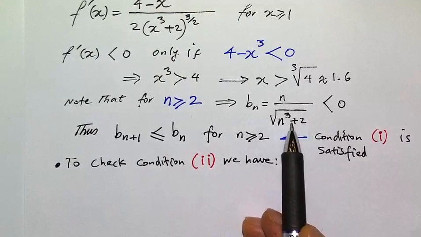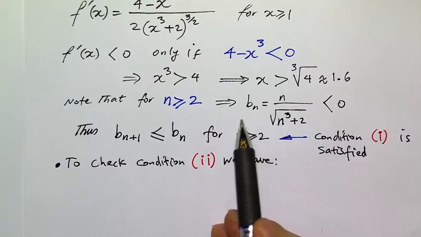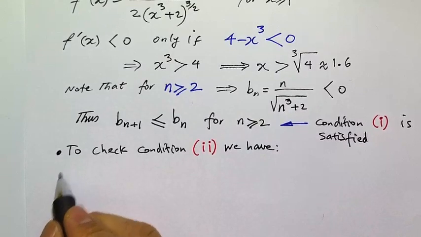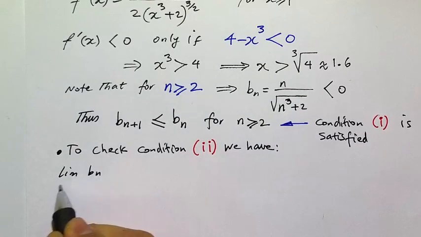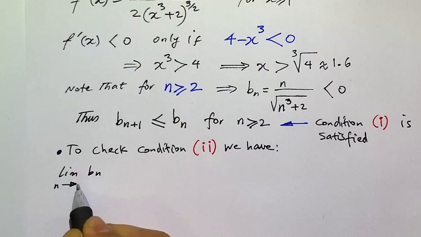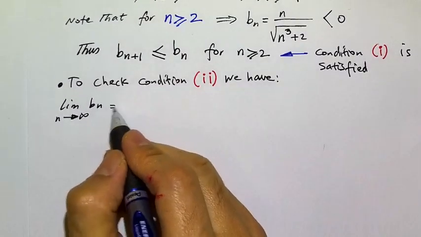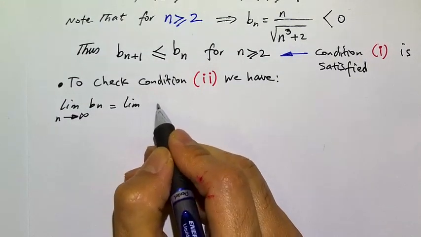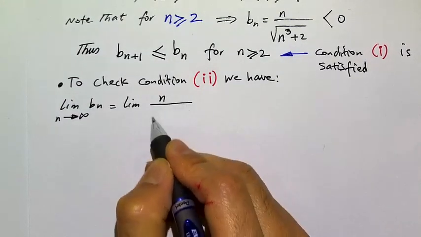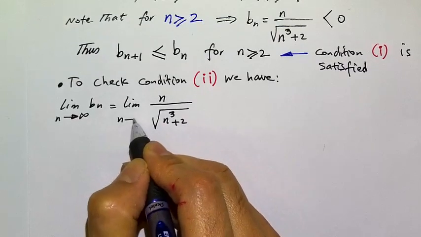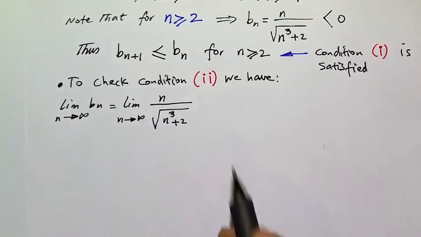The limit of bn's as n goes to infinity equals the limit of n over square root of n cubed plus 2 as n goes to infinity.